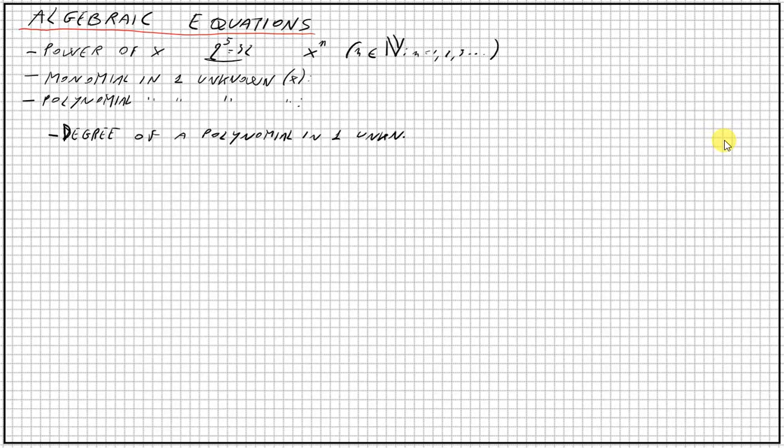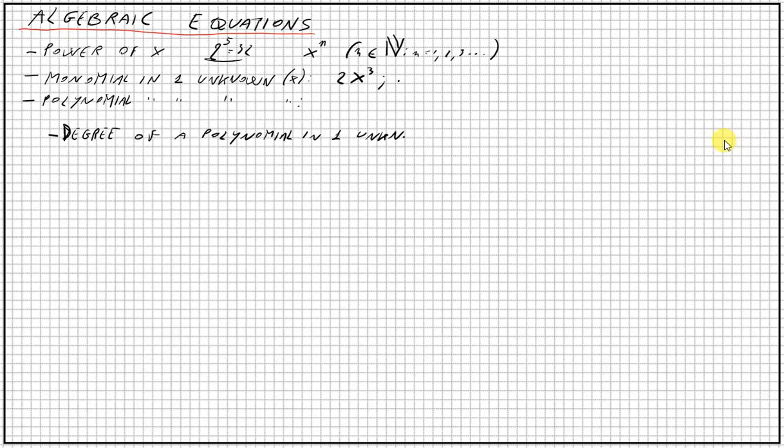So what is a monomial then? A monomial is a concept that is based on the power of x, but there is a bit more to it. A monomial is not only a power of x, for example x to the power 3, but there is a coefficient multiplied to it. And this coefficient could be any real number. So it could be 2x^3, that is a monomial.